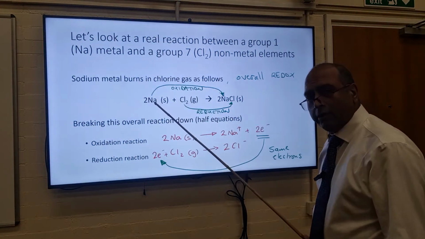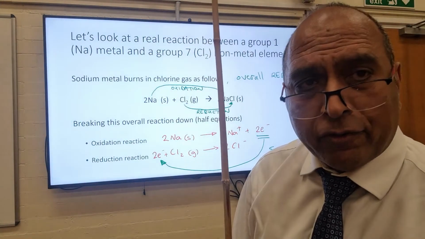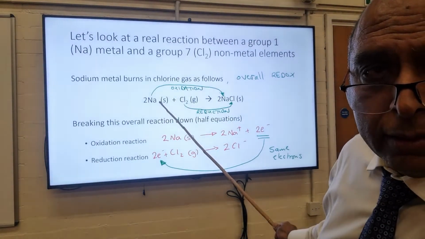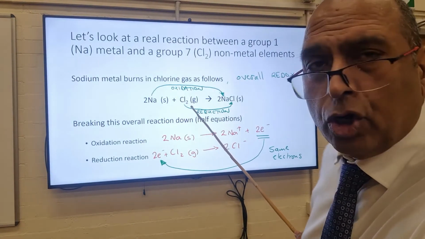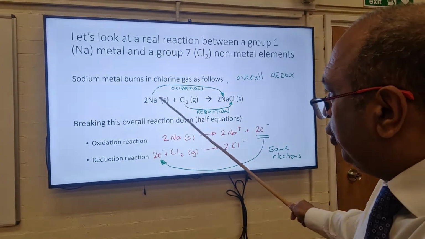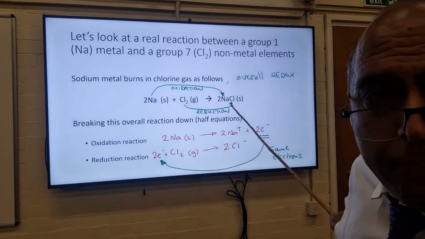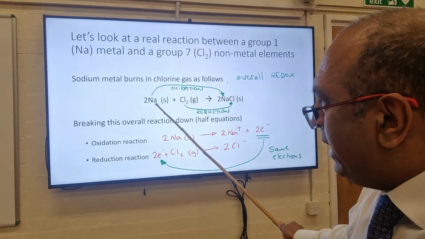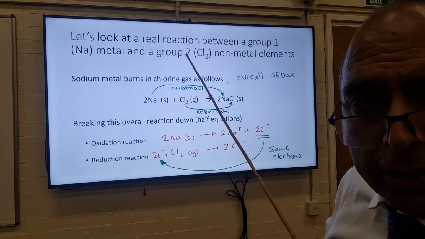Look, sodium. Sodium, you've come across it before. Sodium, solid, heat it up, chlorine, non-metal, green gas. The two react together and make sodium chloride. You know it's ionic because it's a metal reacting with a non-metal.